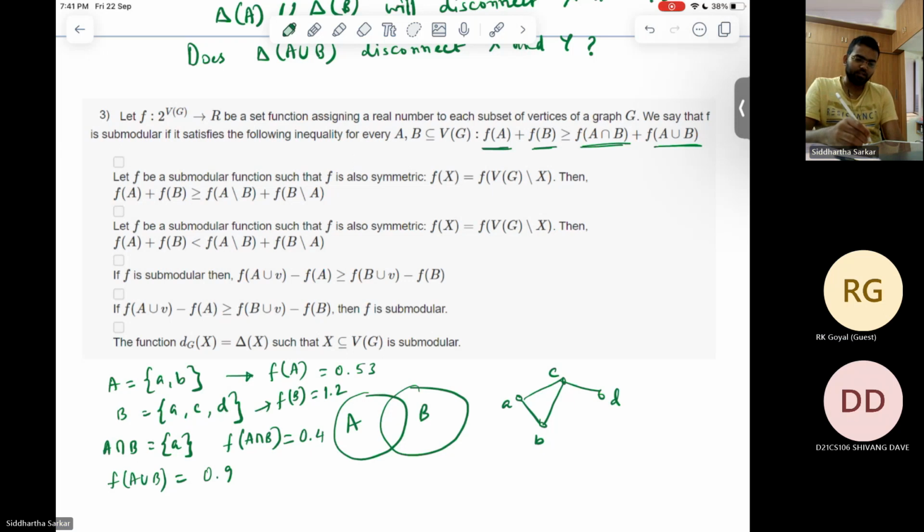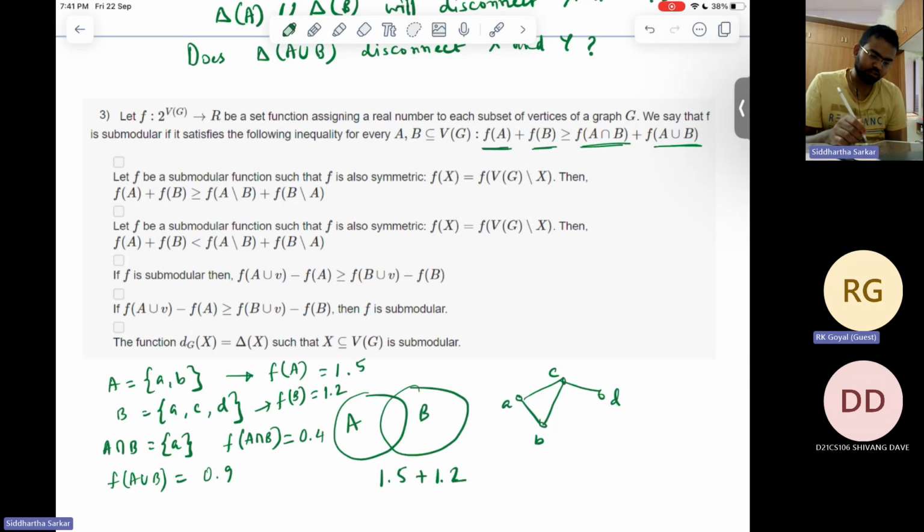So maybe we'll take an example. Let's say that this is 1.5, so A union B is, let us say, 0.9. Okay, so what is fA plus fB? The left hand side is 2.7.